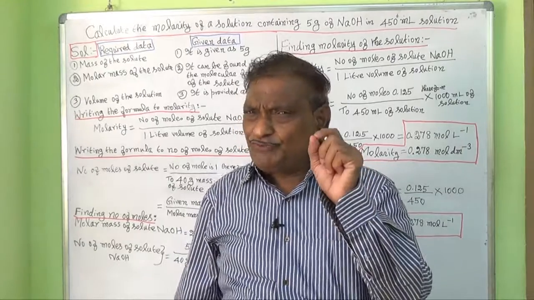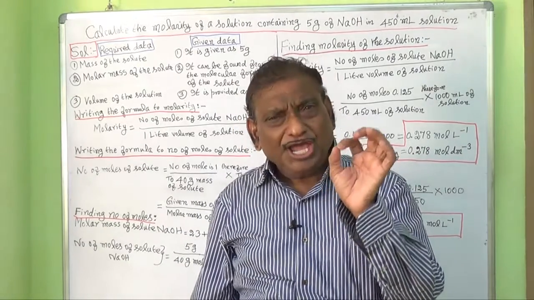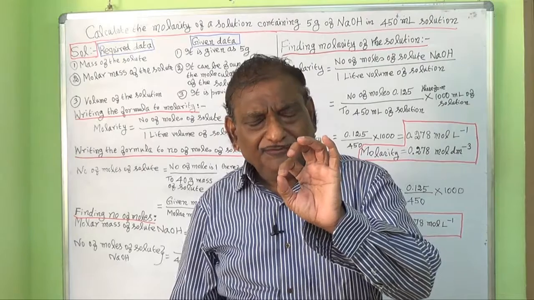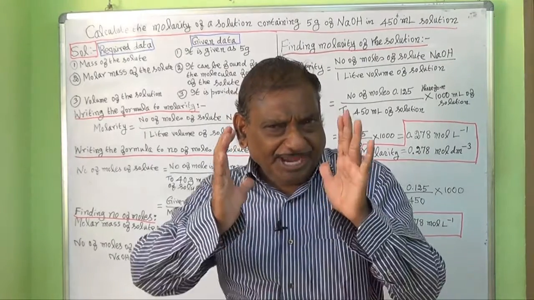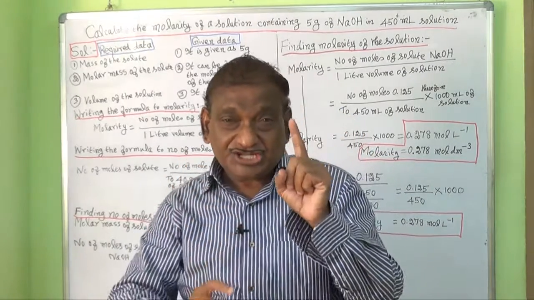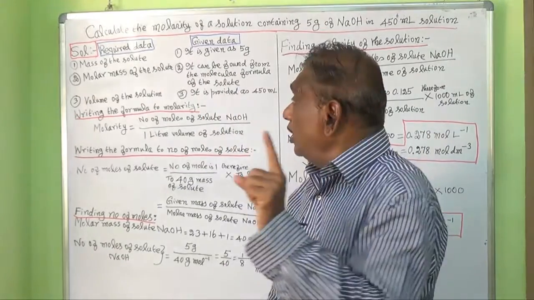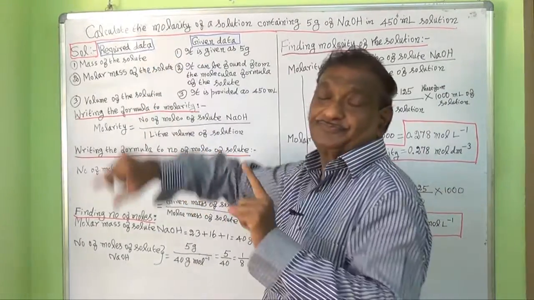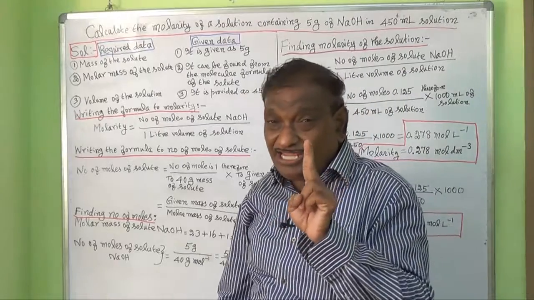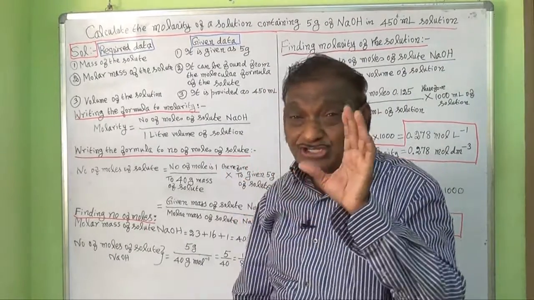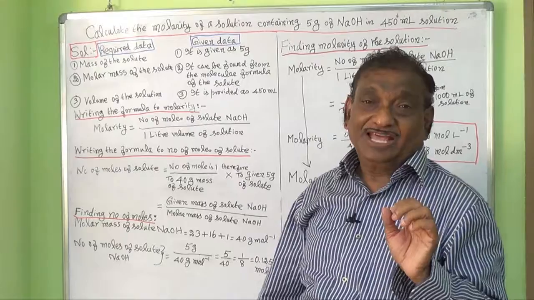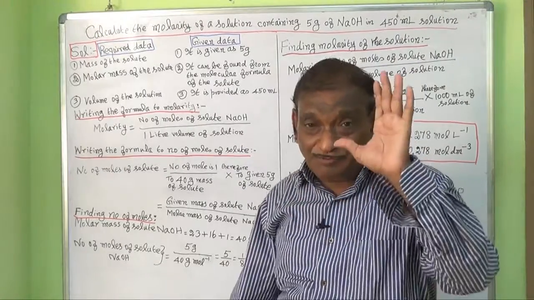In order to find the molarity of a solution, we require 3 data. One is the mass of the solute. The second is the molar mass of the solute. The third is the volume of the solution.